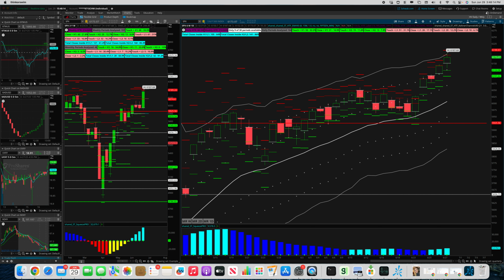Now, one exception that I will make to that rule of initiating a trade when price has come back down to the daily 21 is on SPX. So I trade SPX quite a bit, and I'll trade it really from anywhere, from intraday to a week out.